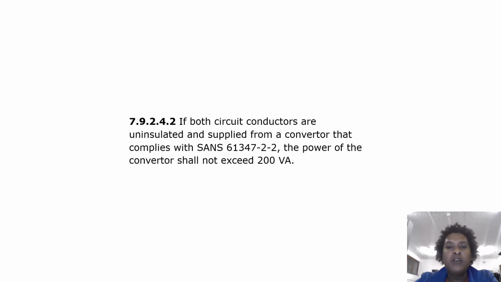If both circuit conductors are uninsulated and supplied from a converter that complies with SANS 61347-2-2, the power of the converter shall not exceed 200 VA.